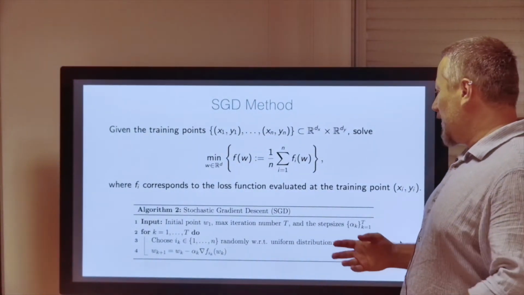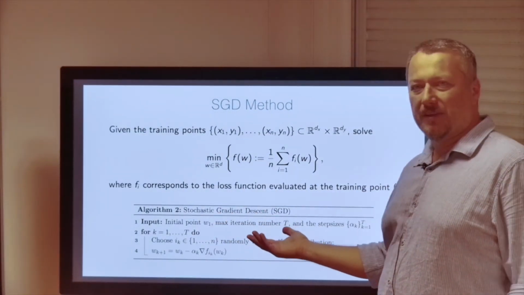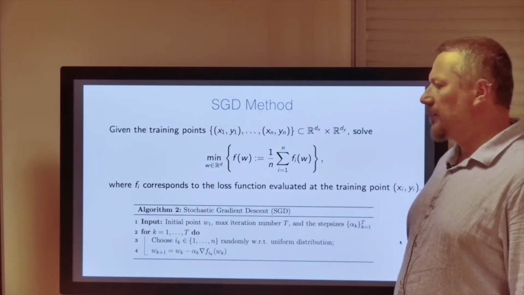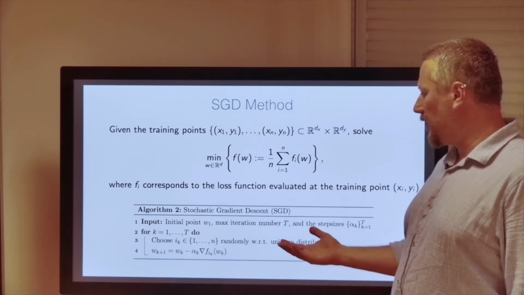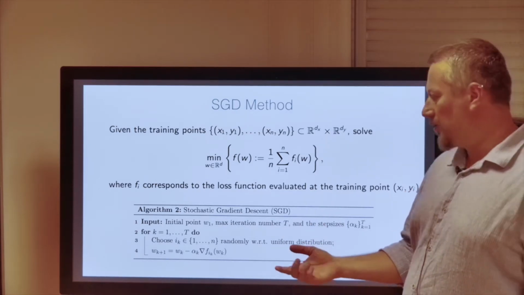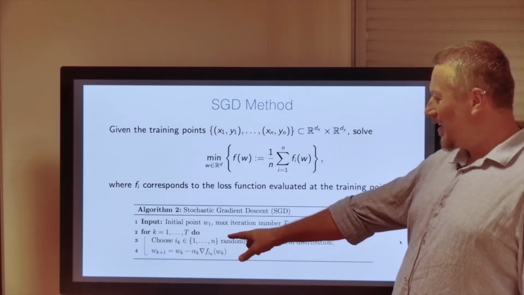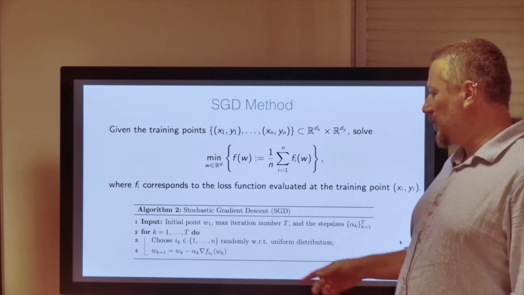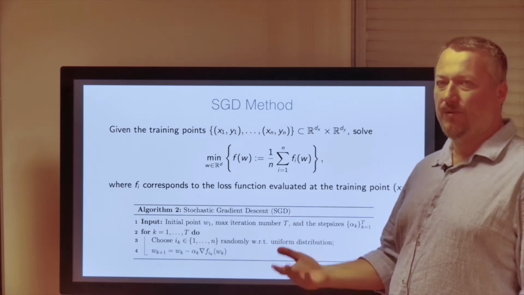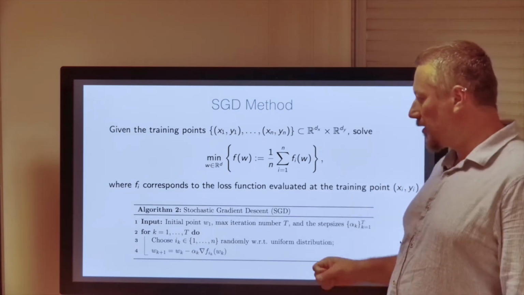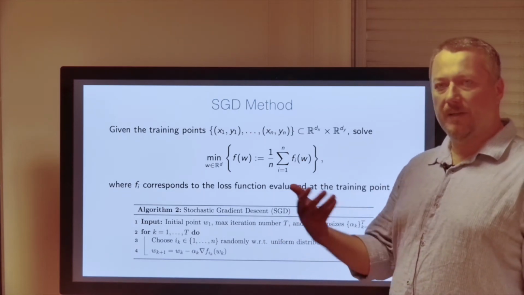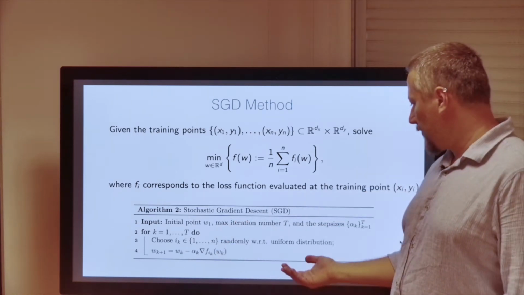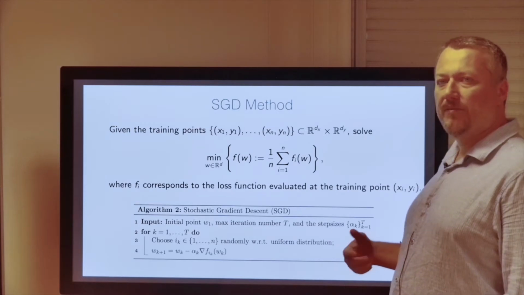All right. You choose a maximum iteration number t, and then you choose an index or a data point uniformly randomly from the set of training points, and then you calculate the gradient of the loss function just at that point, and move in the opposite direction with a step size alpha k, which is determined from the beginning.